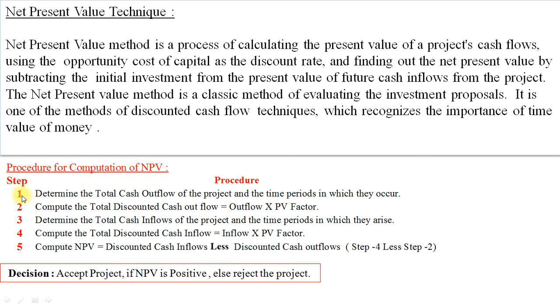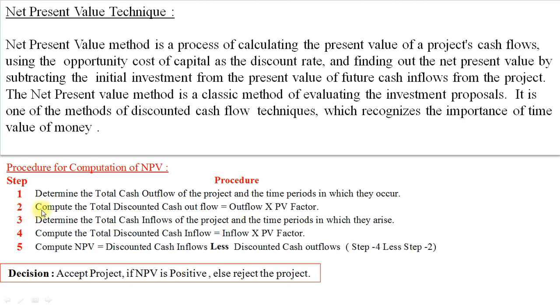In step number 1, we will determine the total cash outflow of the project and the time periods in which they occur. Here, cash outflow means total investments in the project.